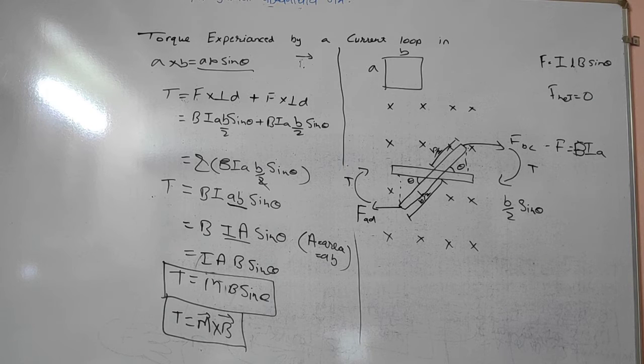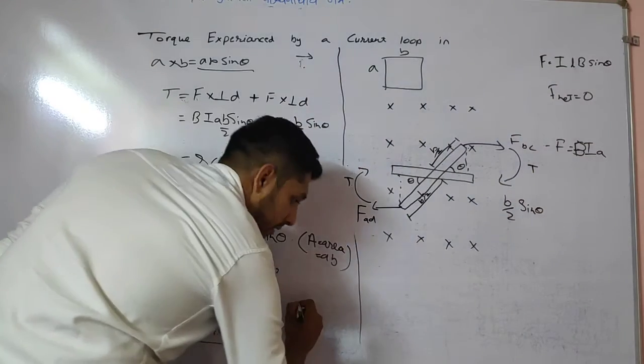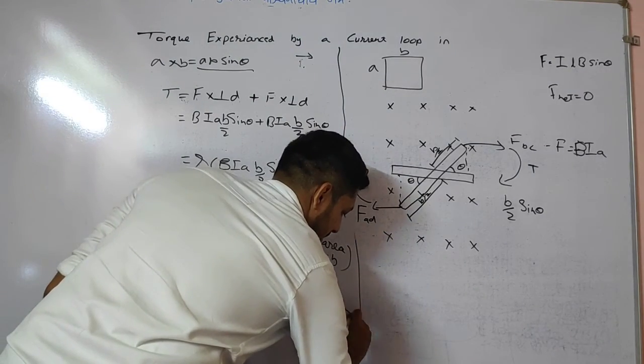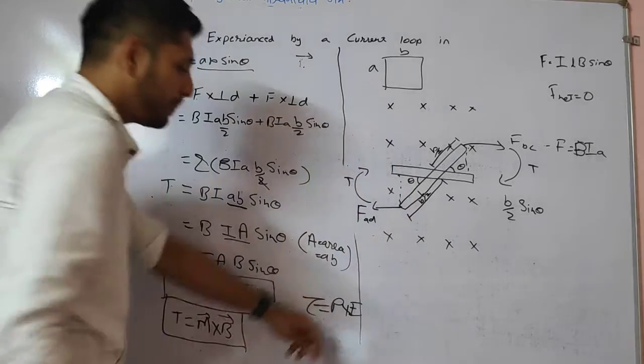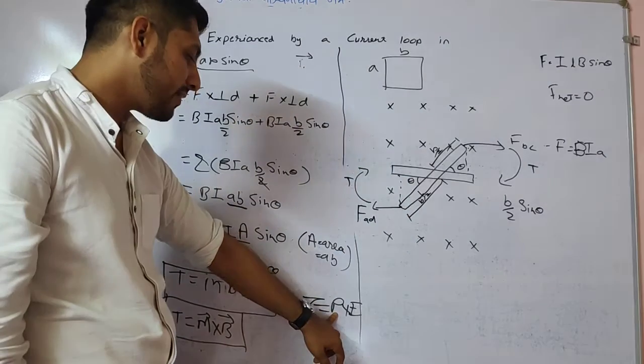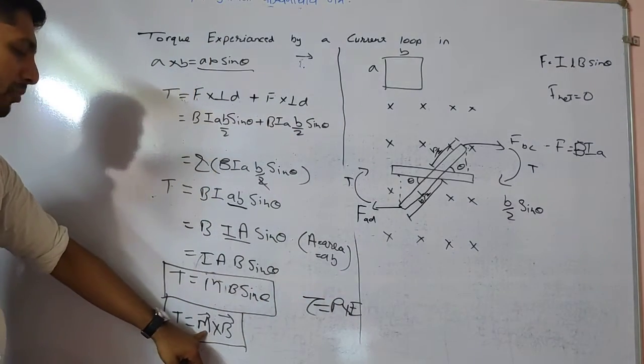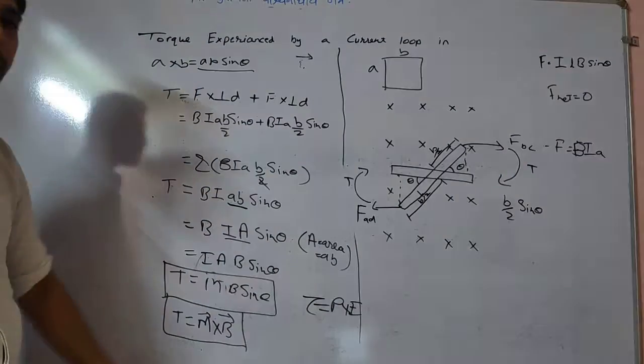This is very similar to what we had got in electric dipole moment or torque on electric dipole. If I write it over here, then it was tau is equals to P cross E, where P was the electric dipole moment and E was the electric field. Here we have got M is our magnetic dipole moment and B is our magnetic field.